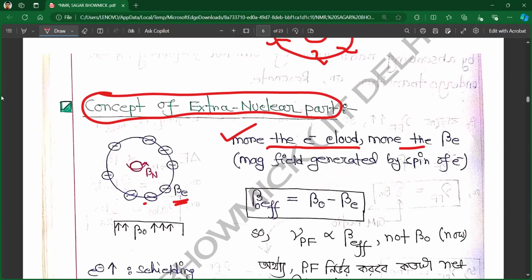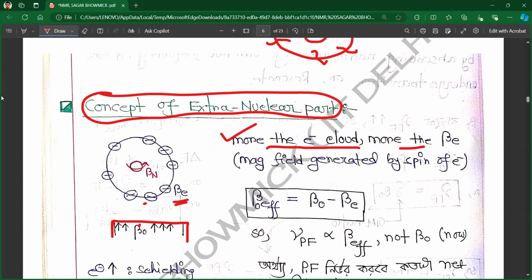Now see, I am applying this external magnetic field. This external magnetic field has to interact with the nucleus, and eventually the nucleus will split and a transition will occur. But if in the surroundings there are so many electron clouds, then this external magnetic field will not reach the nucleus in a good manner. So this electron density is basically hindering the external magnetic field.